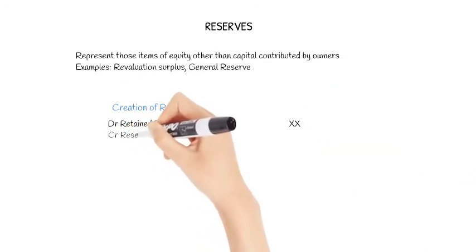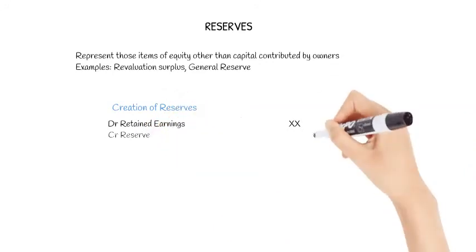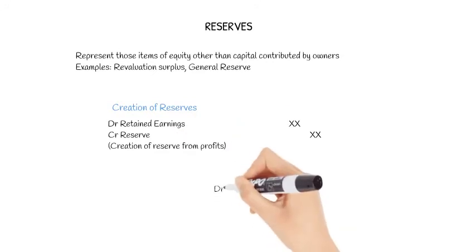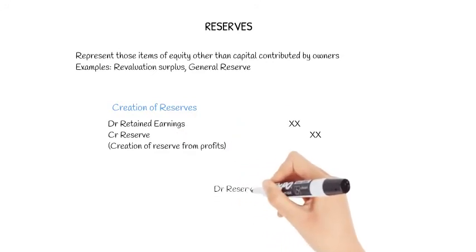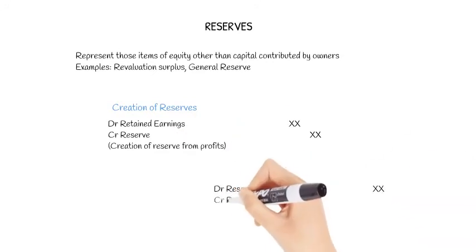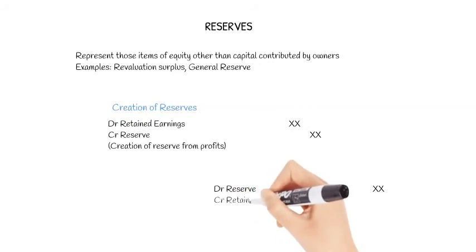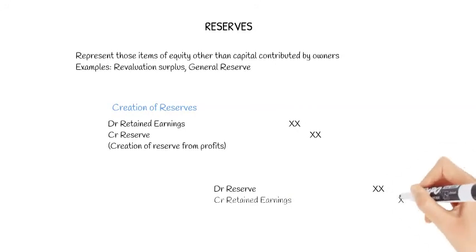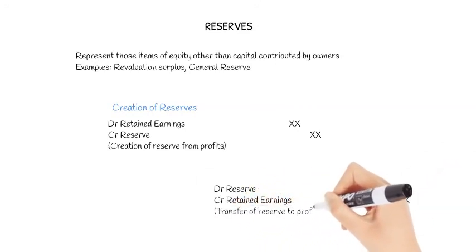Please note that when we create reserve account, it doesn't mean that physically there is money in the reserve account, because reserve is purely a book entry. So if we debit reserve and credit retained earnings, that means that we're transferring reserve into the profit account or retained earnings.